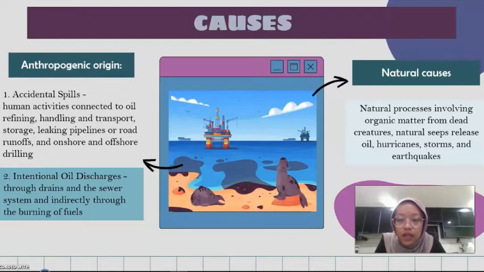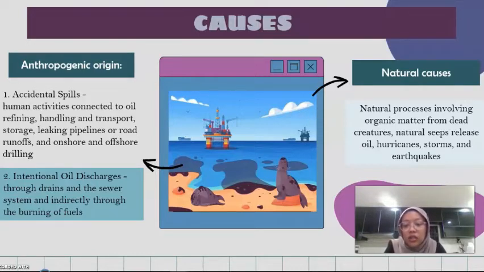Examples of accidental spills are connected to human activities such as oil refining, handling and transport, storage, leaking pipelines or road runoff, and onshore and offshore drilling. Next is intentional oil discharge. It is not always harmful, but it still contributes to oil spills.